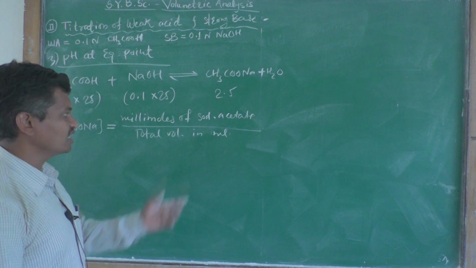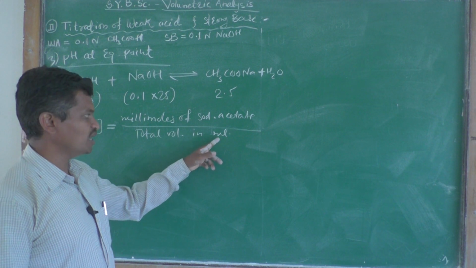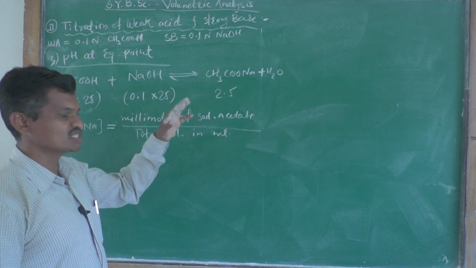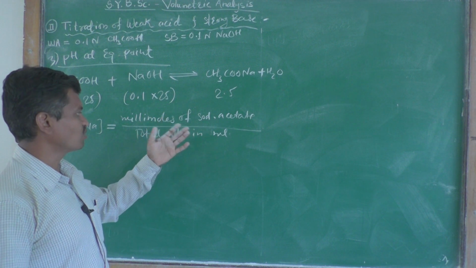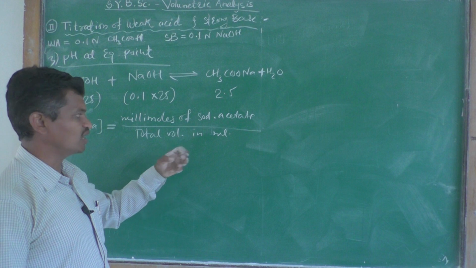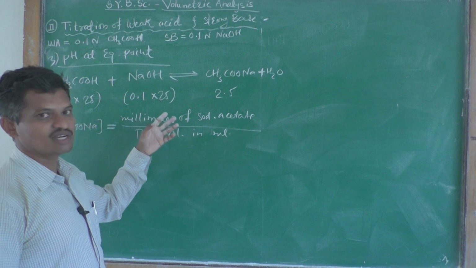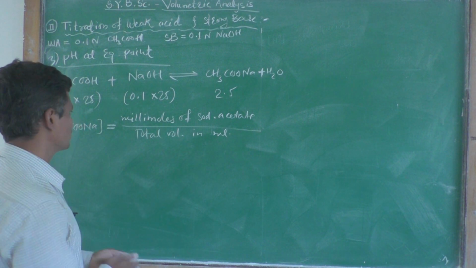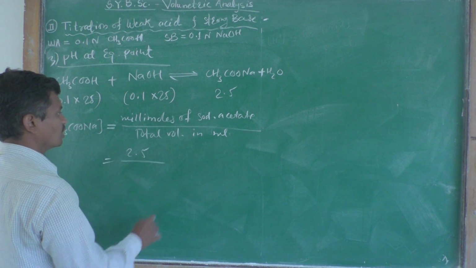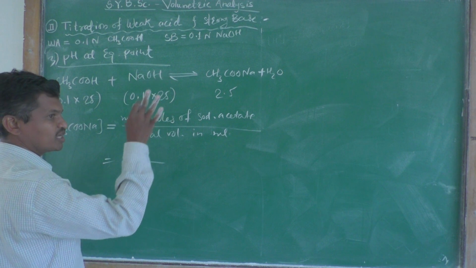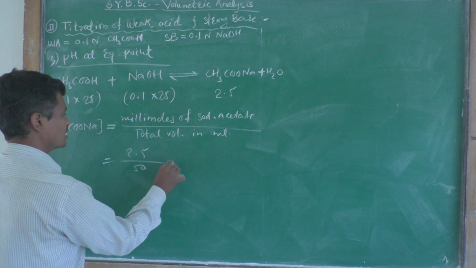As we have taken the volume in ml, we have to consider millimoles instead of moles. If we were taking the volume in liters, then we would consider moles. Then the millimoles formed is 2.5, and the total volume is 25 plus 25, that is 50.